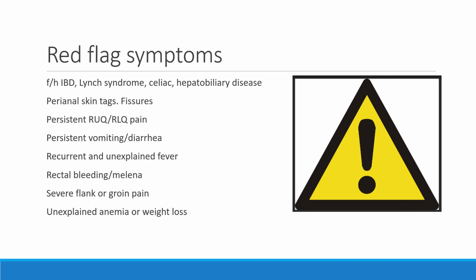If your patient has perianal skin tags and/or fissures, persistent right upper quadrant or persistent right lower quadrant pain, persistent vomiting and diarrhea, recurrent and unexplained fever, rectal bleeding or melena, severe flank or groin pain, unexplained anemia or weight loss.